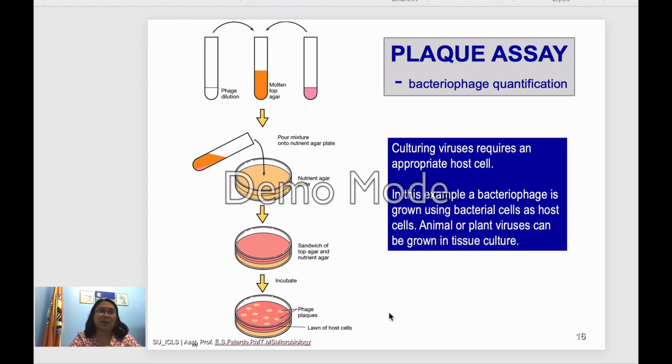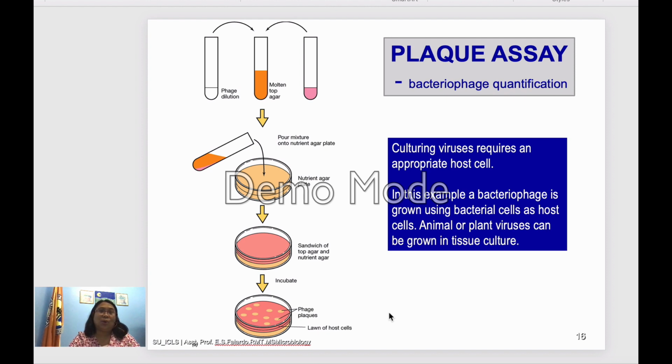So that's the top layer. And then the bottom layer is a solid agar. So the concentration of the top and the bottom differ. Usually you will be using 0.9% agar for the top layer, and for the bottom layer we're using around 1.2 to 1.5%.